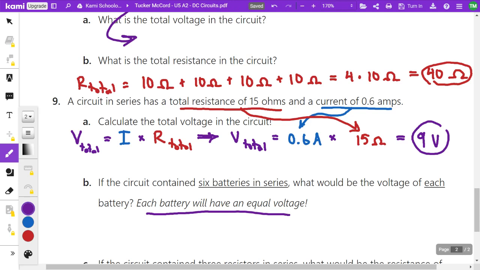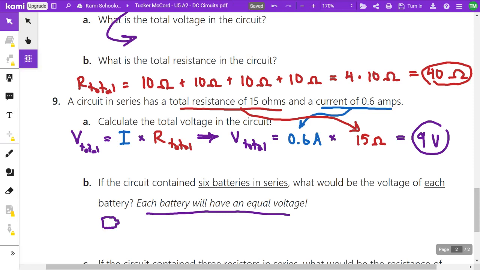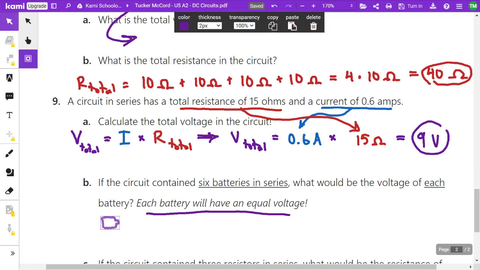I've got a battery with some voltage. We got a battery, copy and paste, battery, copy and paste, battery, copy and paste, and a battery.